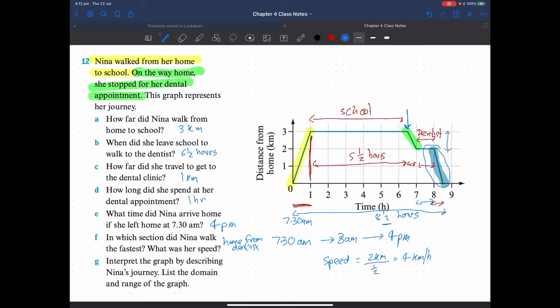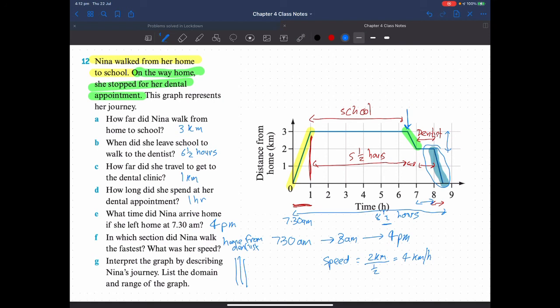It then says to us, interpret the graph by describing Nina's journey. List the domain and range of the graph. So what this means is to describe the journey in words, stating the various times. An example of this in words would be, Nina left home and it took her 1 hour to get to school. That was 3 kilometres away.